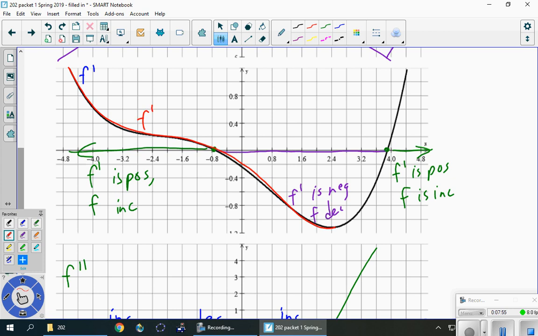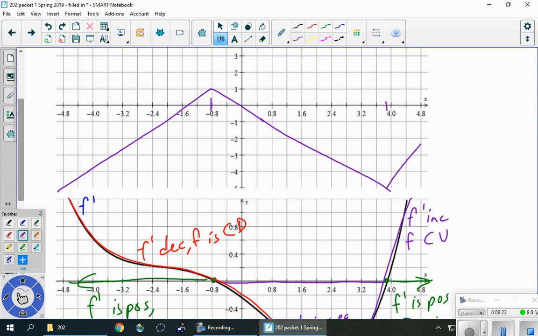And because F prime is decreasing, F is concave down the whole way. And then for the rest of the graph, F prime is increasing, and so that means that F is concave up the rest of the way. So we need to draw something that is concave down until we get to around 2.4 and then concave up.